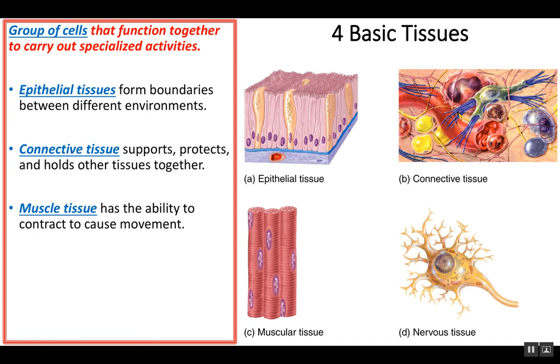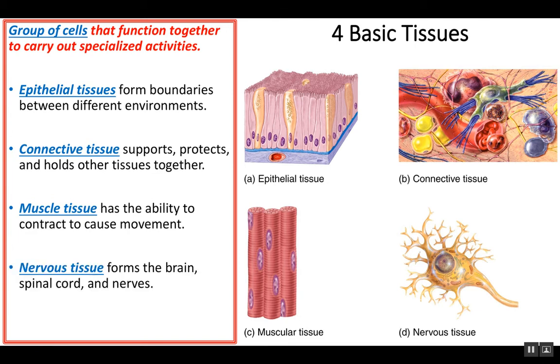And then there's smooth muscle, which is in organs that might have to move material, like your GI tract has smooth muscle in order to move food down the GI tract. Your respiratory tract has smooth muscle in order to dilate to allow more air flowing into your lungs. Your urinary tract has smooth muscle in order to help move urine from kidneys to the bladder and then out. So there's a lot of different organs that have smooth muscle.